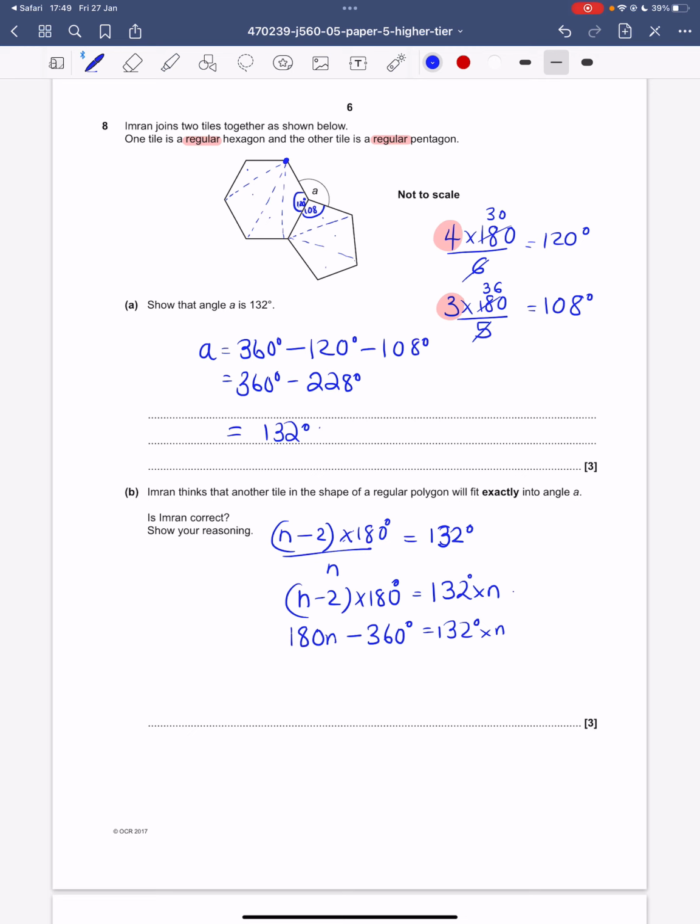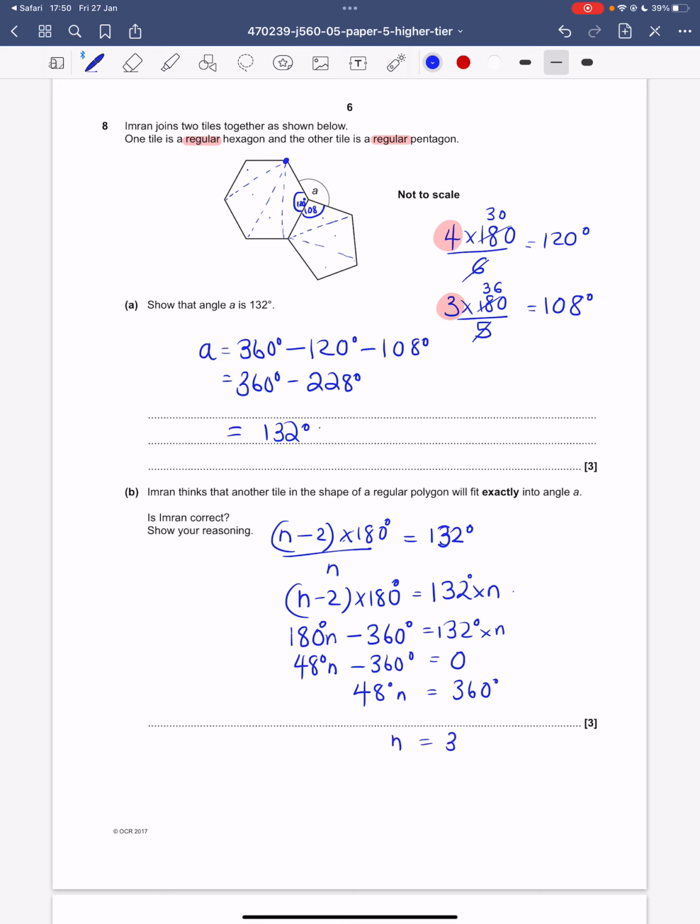So let's take 132 degrees times n from each side. So it's going to be 48 degrees times n minus 360 equals 0. Add 360 to each side. 48 degrees times n is 360 degrees.